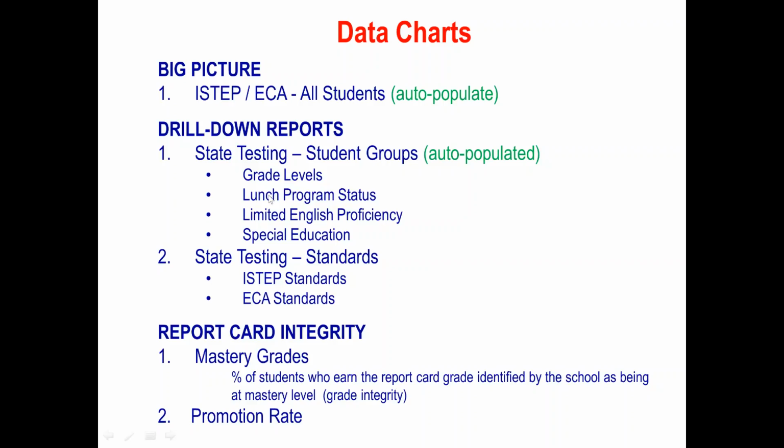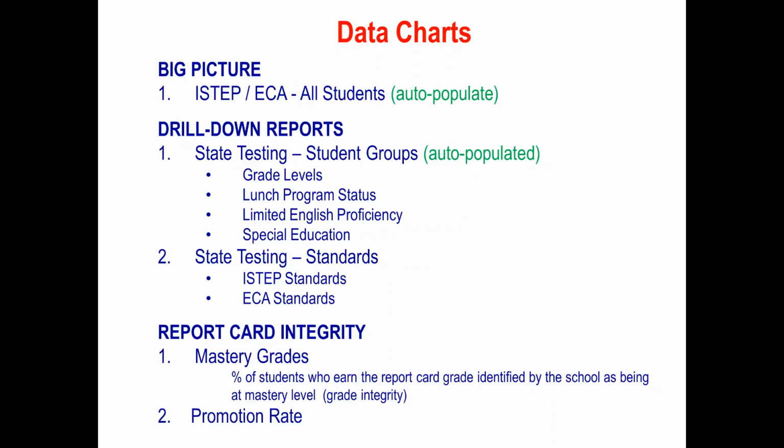And then we like to also very much, and this is an area that we'll push in on a little bit, we like you to go down to the standards level. If you have no standards in your SMART goals identified as a benchmark, we'll probably encourage you to do that. So in terms of the ISTEP standards, the ECA standards, now I'm drilling down farther.